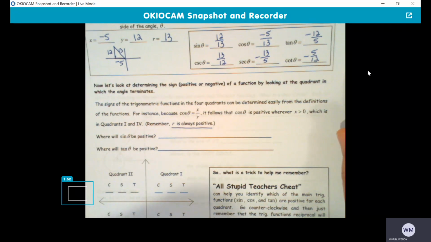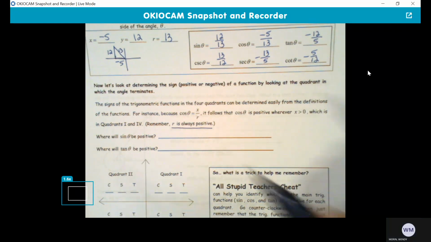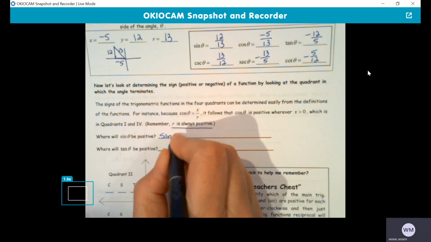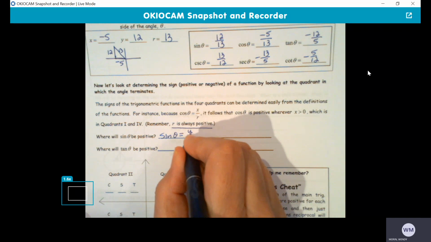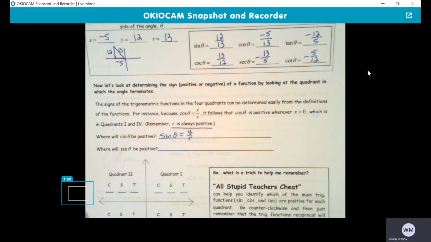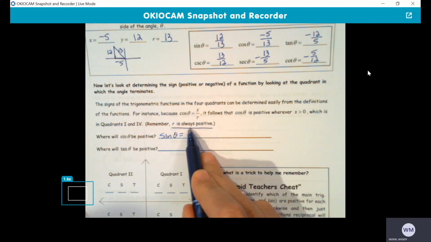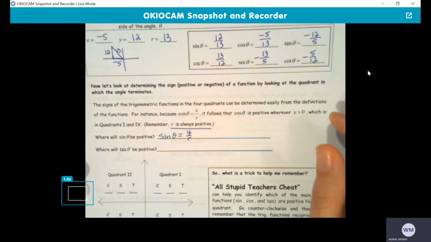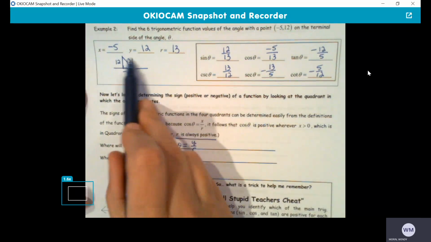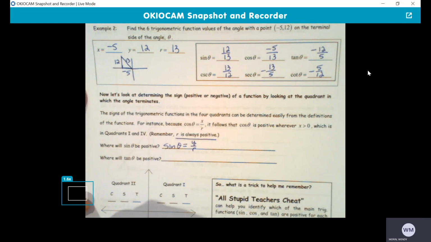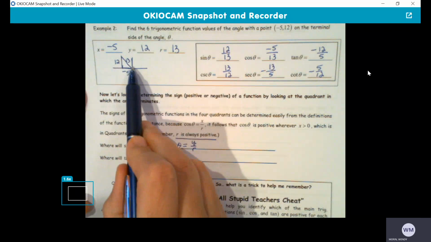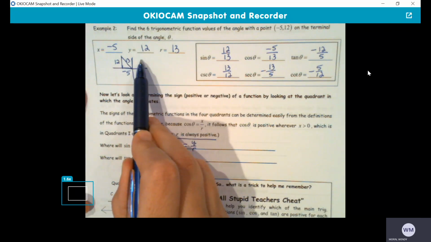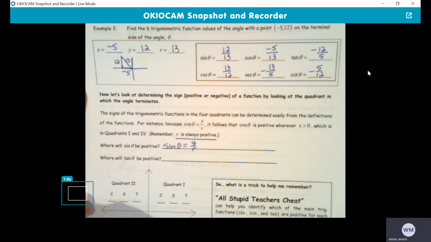Okay, when will sine be positive? We'll think of it this way. The sine of theta is equal to the y value divided by the r value. So when the y value is positive, the sine will be positive. So again, if you're looking back up here, in which quadrants do you have a positive y value? Well, you have a positive y value in the first and in the second quadrant.